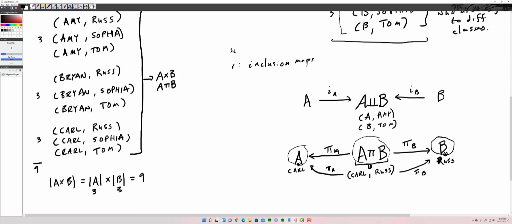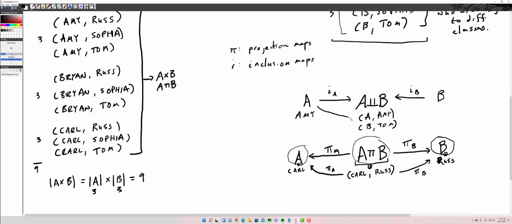And remember, pi was a projection map. Here's how this works. You take an element, Amy, from A, and you say something like, Amy is in the group of students, and she comes from class A.